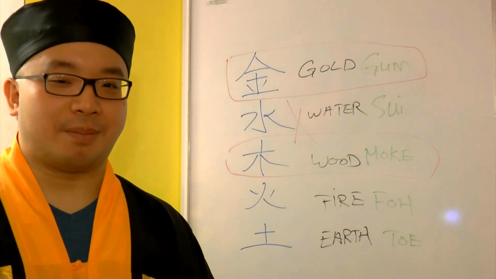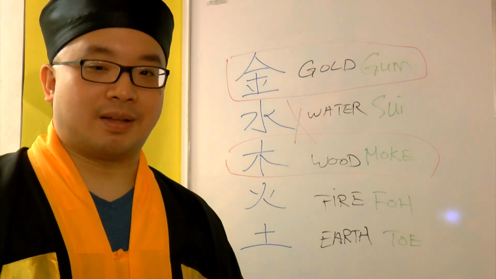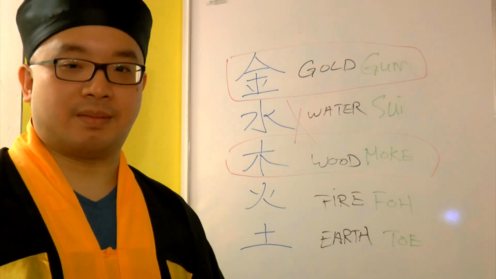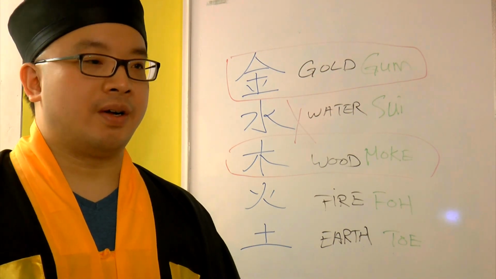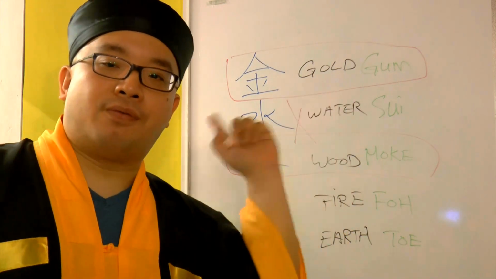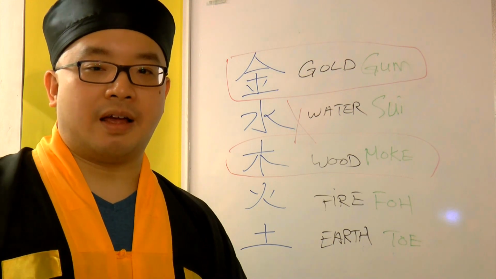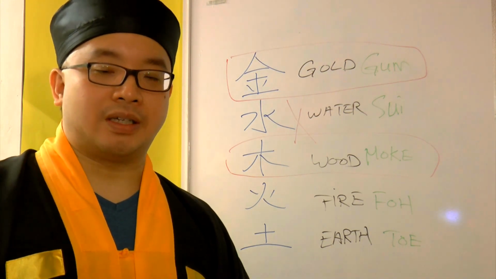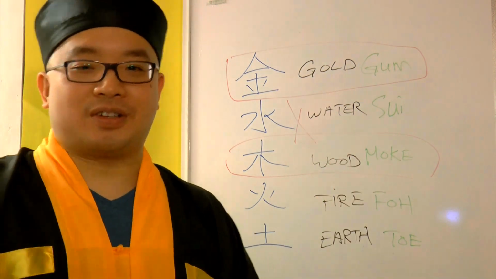Post-heaven is not really about heaven. It's like after something happened, after something already happened or started, and then this is the 5 element. Now, before things start, there is a pre-heaven 5 element, which is 氣雲水雷火. Now we'll talk about that next time, but just keep this short.